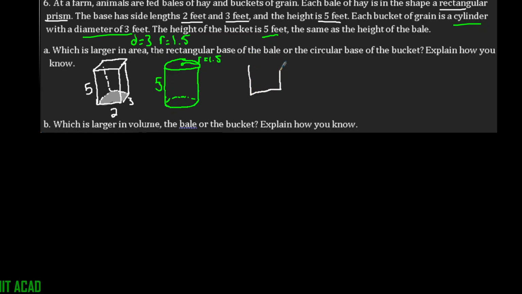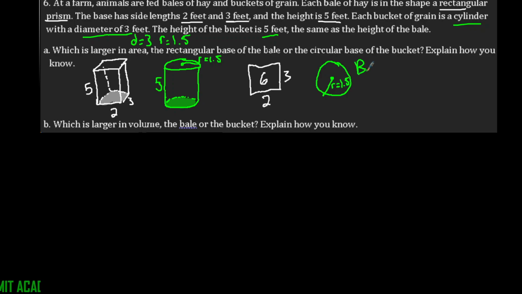Retrace my base, redraw my base. My rectangle 2 by 3. Again, to find that area, multiply those two sides together, and that area is going to be 6. Then if we shade the base of the cylinder, we're talking about the circle now. So let's find the area of this circle where its radius is equal to 1.5.